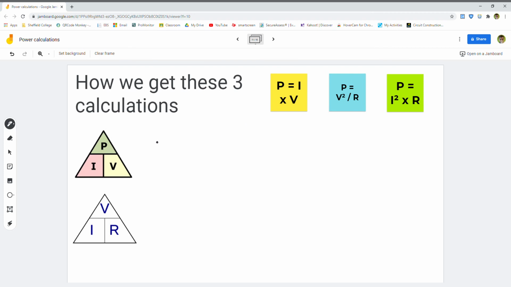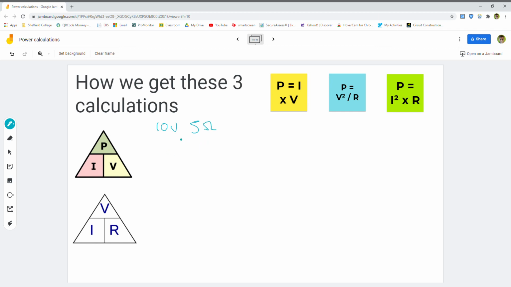So we've got these calculations here. So this is the basis of all of it. So let's say, for example, we're going to look at this calculation here, that we have got a circuit and we have only been given two values, which is voltage and resistance. So let's say we've got 10 volts and we've got 5 ohms.